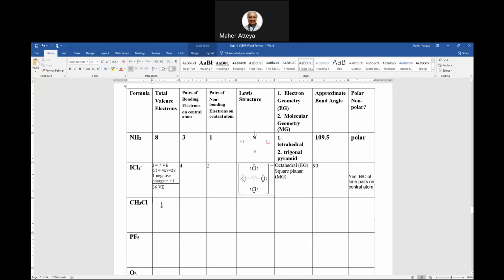We have 1 carbon. Come on, guys. 4, correct? 4 valence electrons. Then you have 3 hydrogens, 3 multiplied by 1, which is 3.